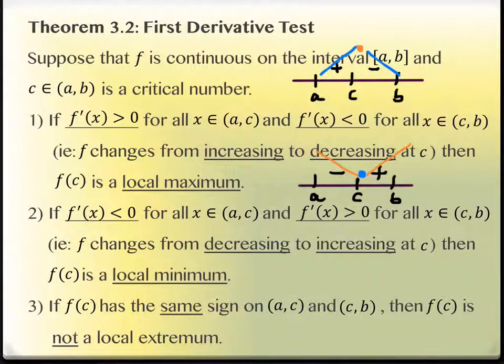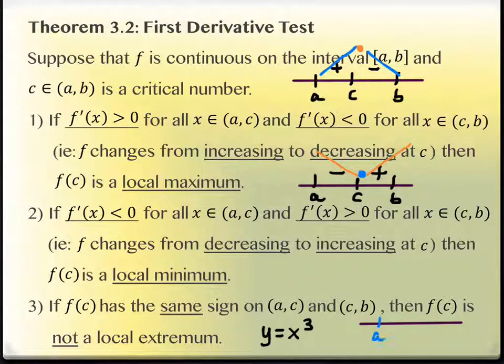And part C tells us if it's the same sign, both positives or both negatives, then we don't have a local extrema. And this is a perfect example of the graph y equals x cubed. I'm just doing the number line point of view of it anyway.